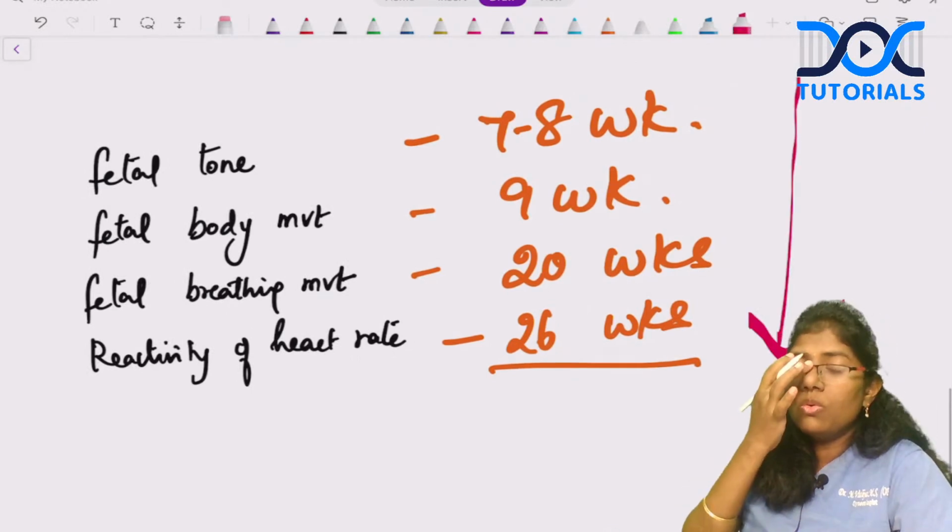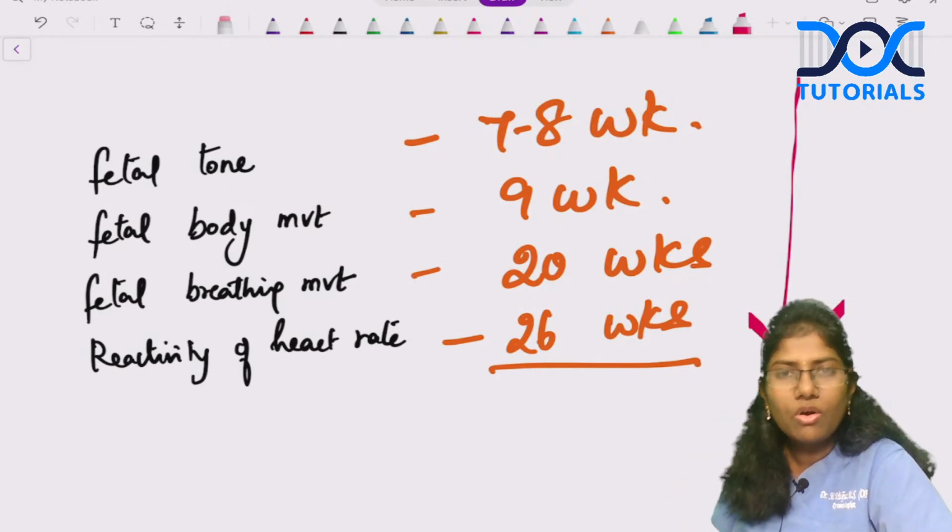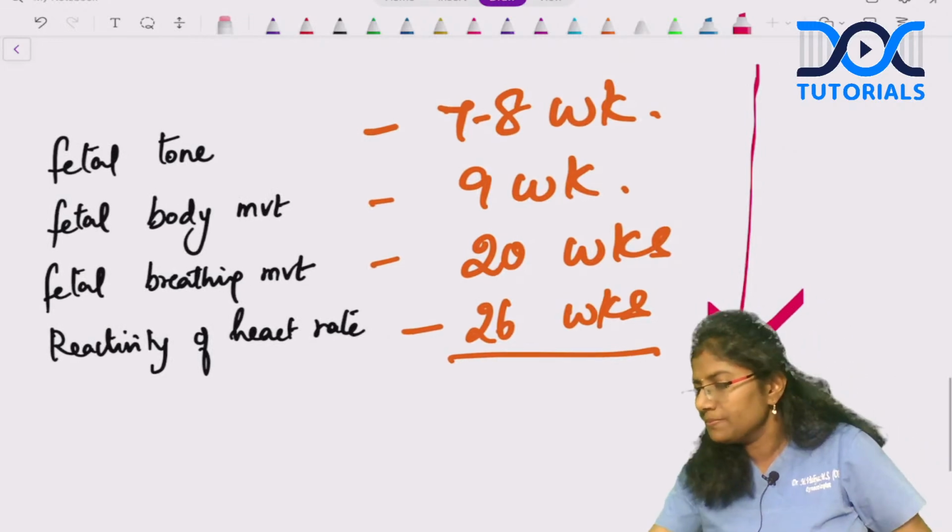Now the next important question is, in what order does it disappear?